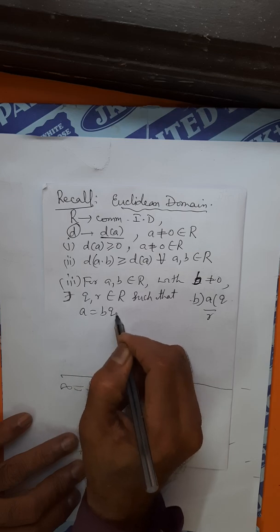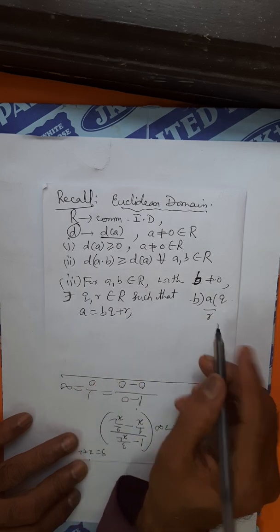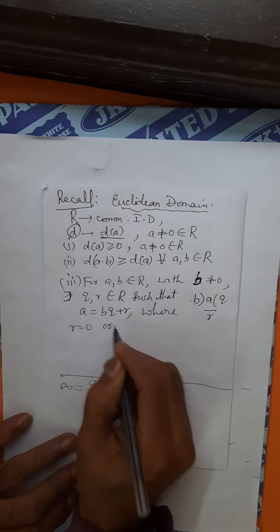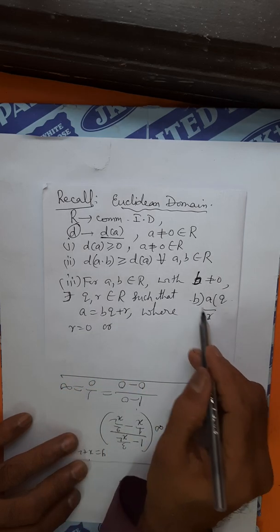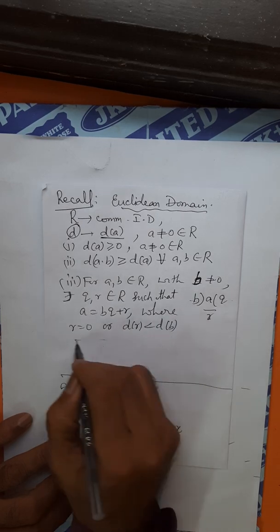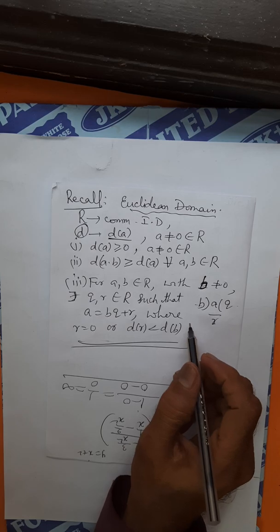When you divide a by b, q is the quotient and r is the remainder, where the remainder r is either 0 or d value of r is less than d value of b. This is your Euclidean domain definition.